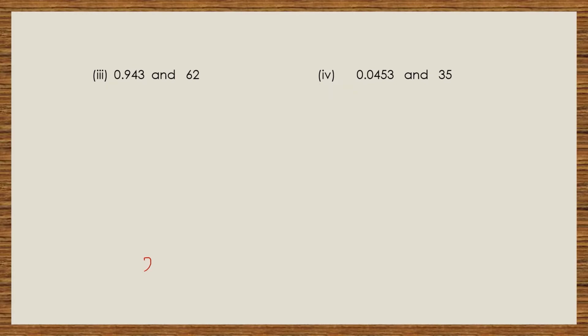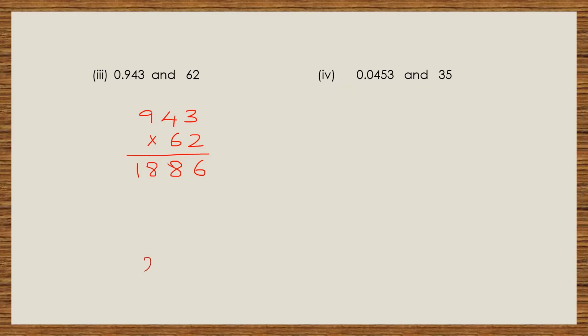Question 3. 0.943 and 62. Let me ignore the point so I get 943 multiplied by 62. So we do normal multiplication. So let's start. 2 threes are 6. 2 fours are 8. 2 nines are 18.